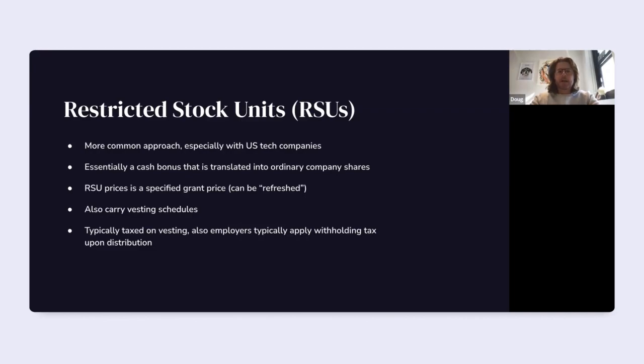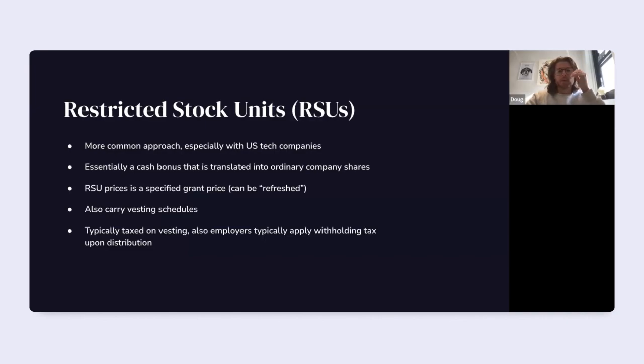Often income tax is withheld, just like in a paycheck. So that reduces the amount you're getting, obviously, but it does make it cleaner from a tax perspective. There is a grant price, but it's often done at like an average price during the grant window or the grant date.